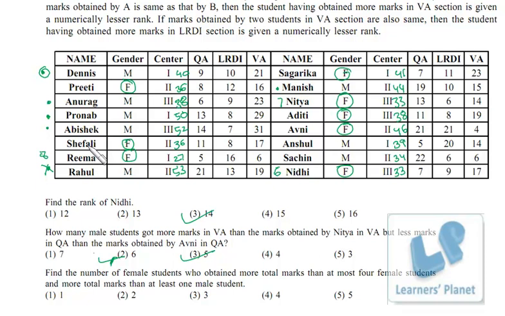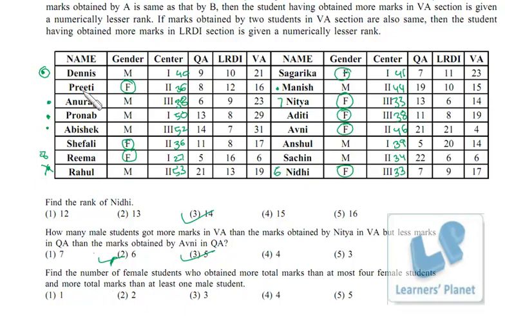So we have two candidates who fulfill this criteria, at most 4 female students, right, who obtain more marks than at most 4 female students. In this case, Preeti and Shefali have got more marks than 3 female students. Okay, now we see more total marks than at least 1 male student.